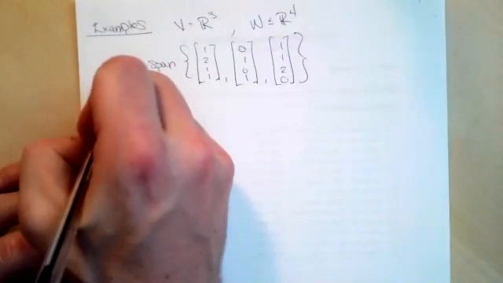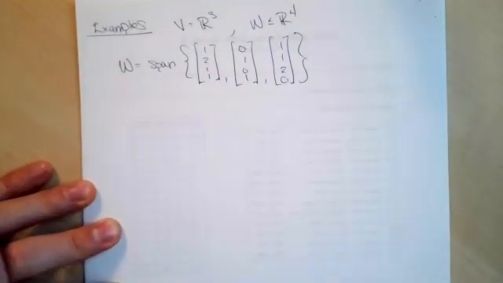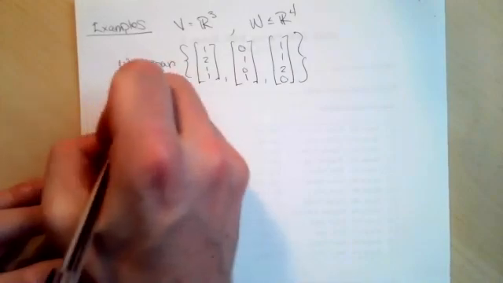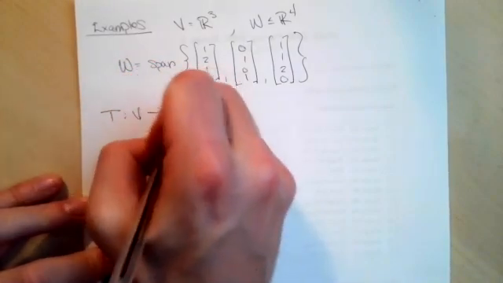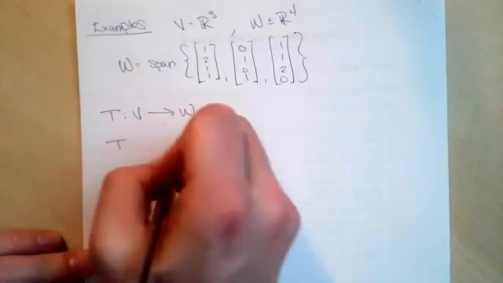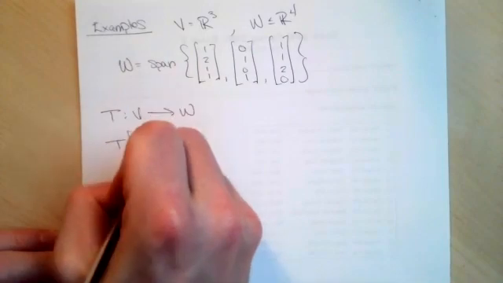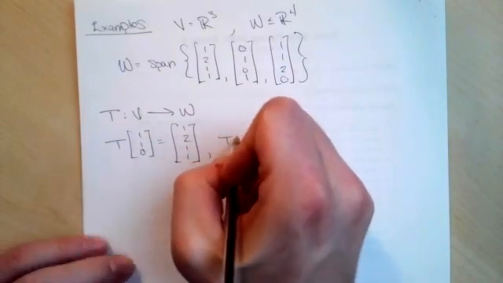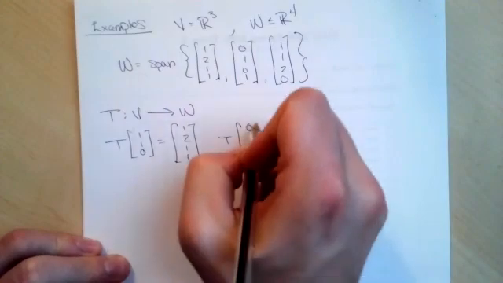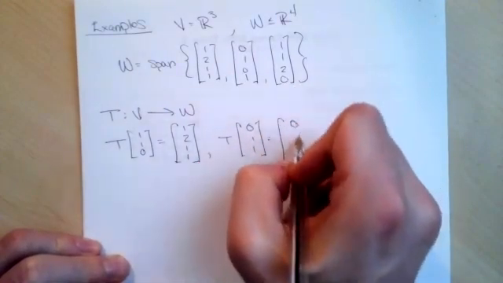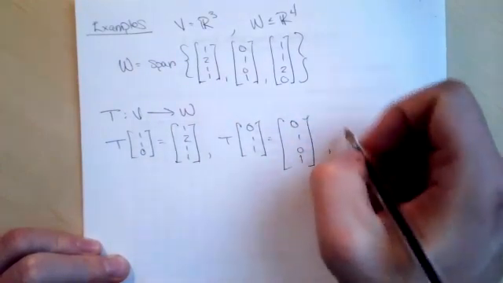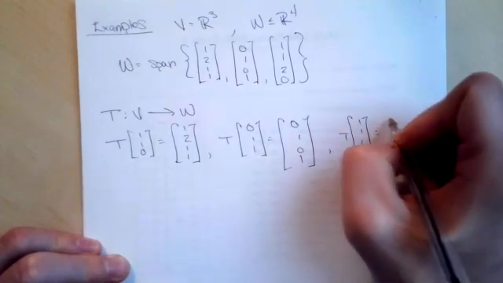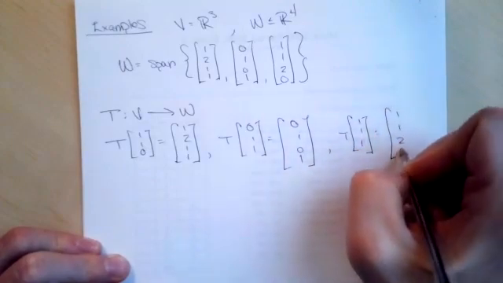And then we're going to have a linear transformation from R3 into W, where T of (1, 1, 0) is (1, 2, 1, 1), and T of (0, 1, 1) is equal to (0, 1, 0, 1), and T of (1, 1, 1) is equal to (1, 1, 2, 0).